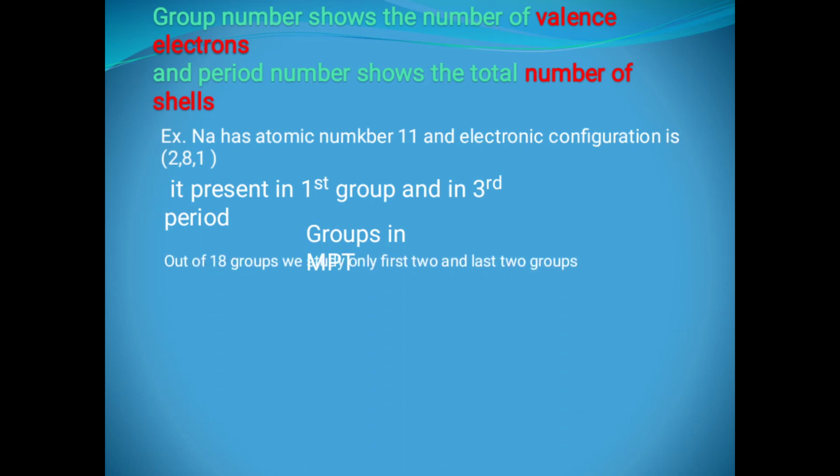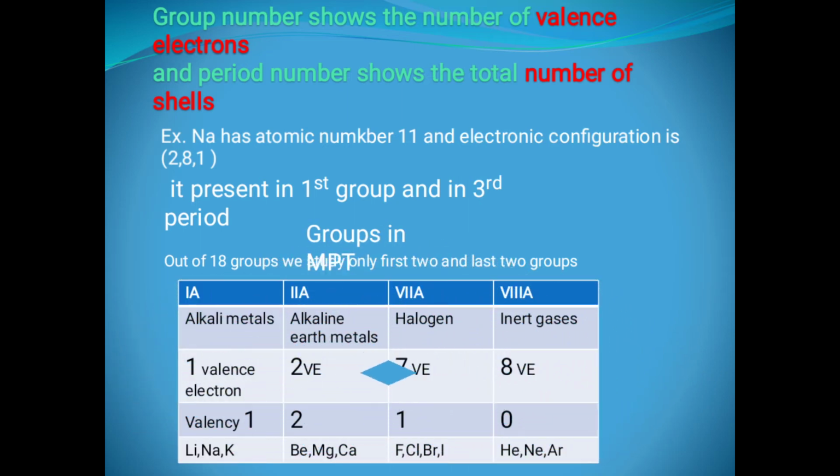The first group is 1A, the second is 2A, the second last is 7A and the last one is 8A. The elements in the 1A group are called alkali metals. 2A, alkaline earth metals. 7A, halogens. And the last, 8A or zero group, are called inert gases.